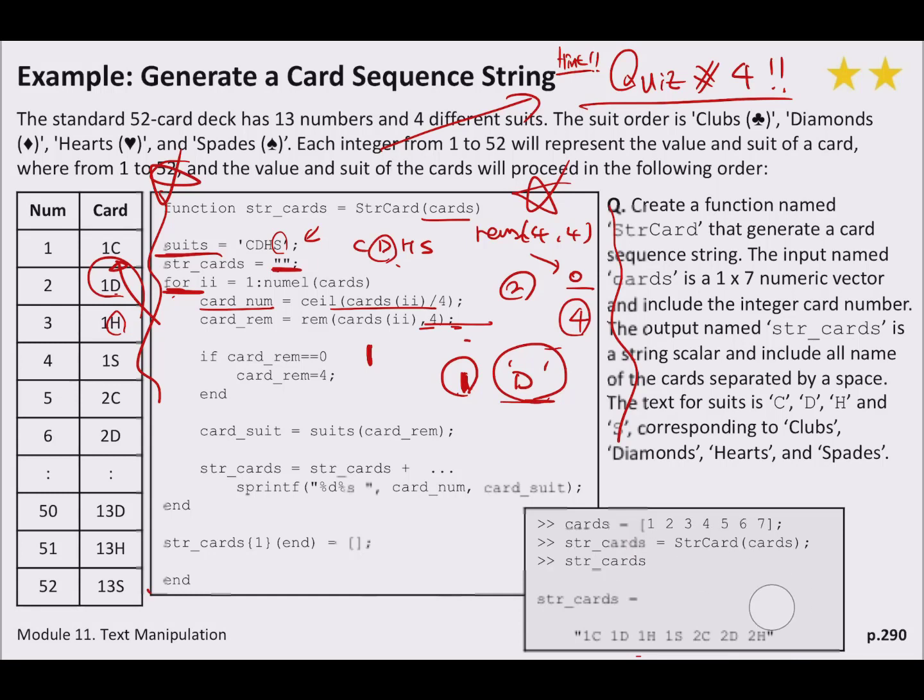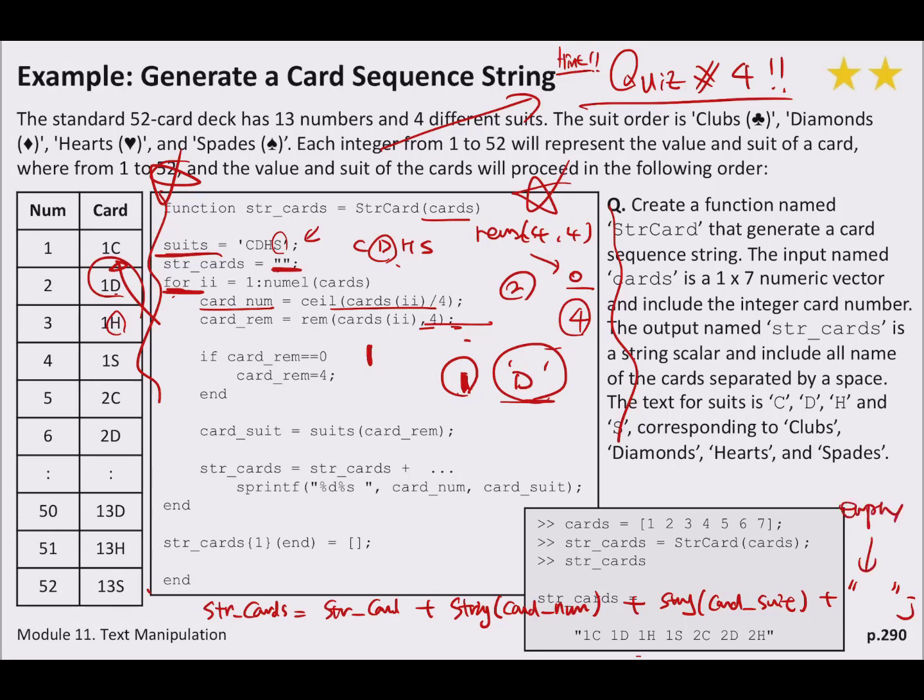If you don't want to use sprintf, you can write a script like cars = string cars plus double string card num, string card suit, like this, with the empty space. The same.